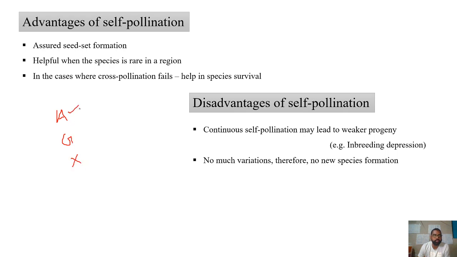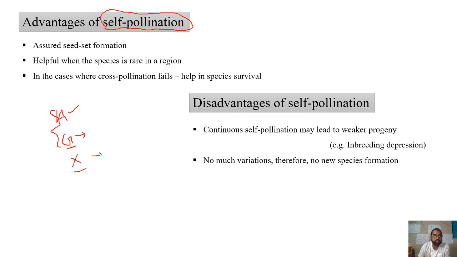Autogamy is purely the pollination within the flower, but the geitonogamy, when you look into that, it is genetically self-pollination, because the pollination is within the plant only. That's why genetically it is self-pollination, but functionally it looks like cross-pollination. So when I talk about self-pollination, this includes these two. Whatever advantages I'm talking about, this will include autogamy as well as geitonogamy.